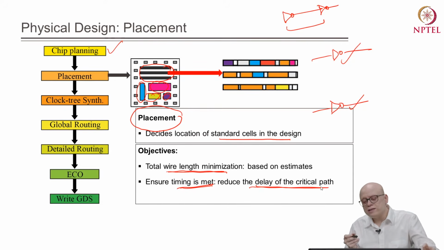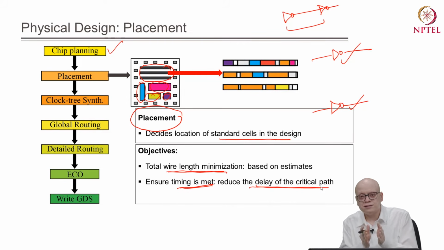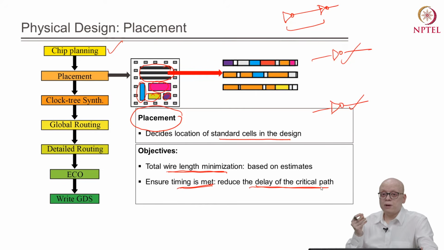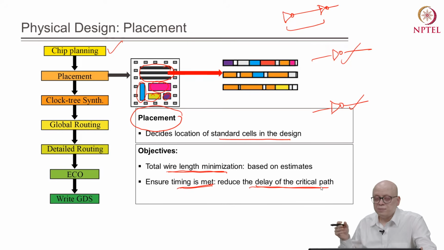To do this, if there are cells on the critical path, the tool will put those cells close together, so that the wire delay can be minimized, and also the capacitance that needs to be driven by a given gate is minimized.